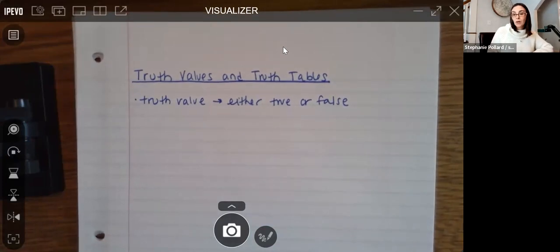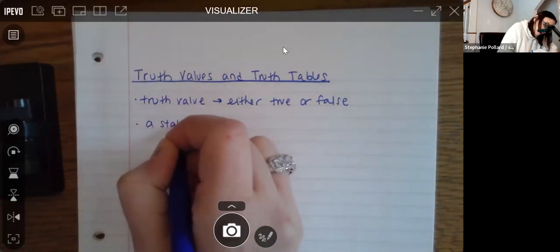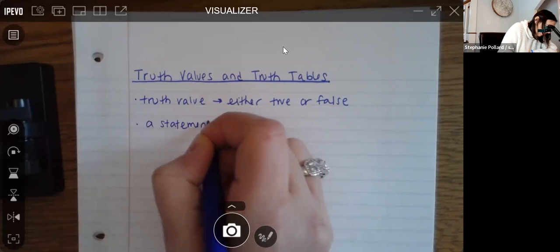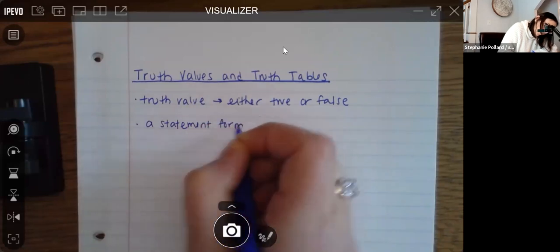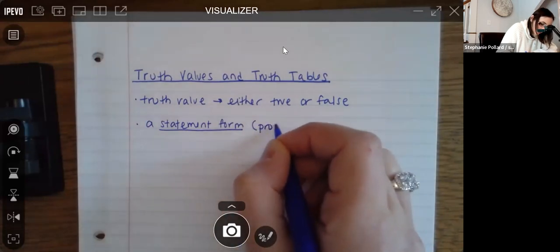So truth value is either going to be true or false, right? Again, we're not talking about any ambiguous statements here. And then we have another definition of a statement form, also called propositional form.